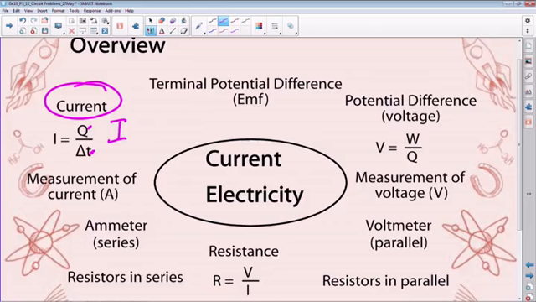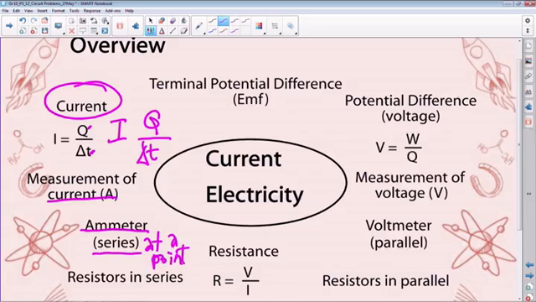We measure the current using an ammeter, because we're asking ourselves how much charge passes through a point in a given time. Hence, we connect it at a point. The instrument we use to measure current is an ammeter, and we connect it in series at a point.